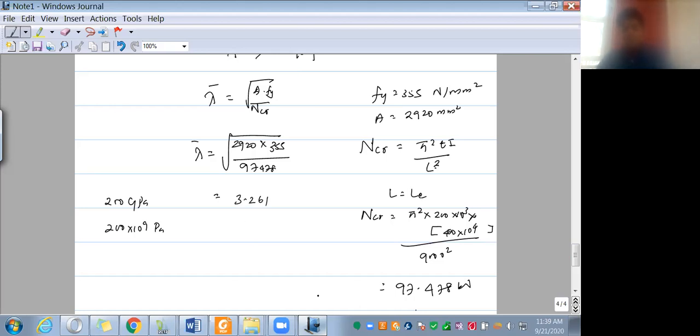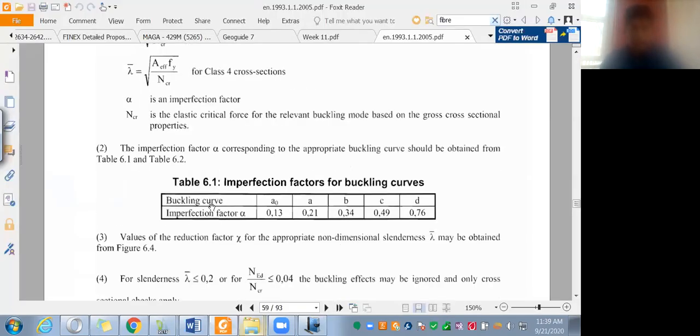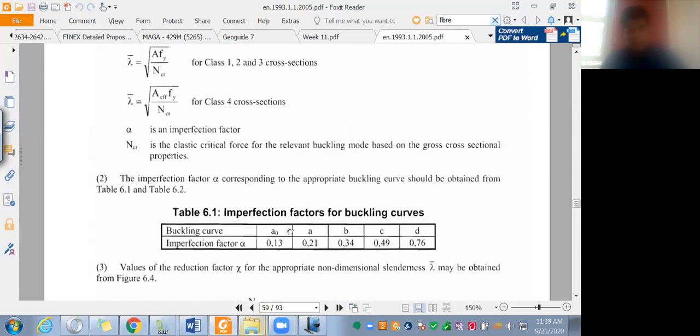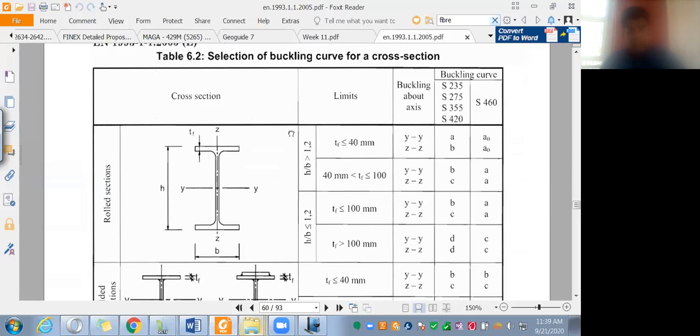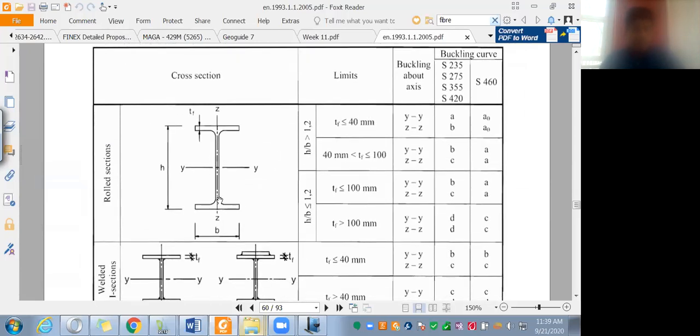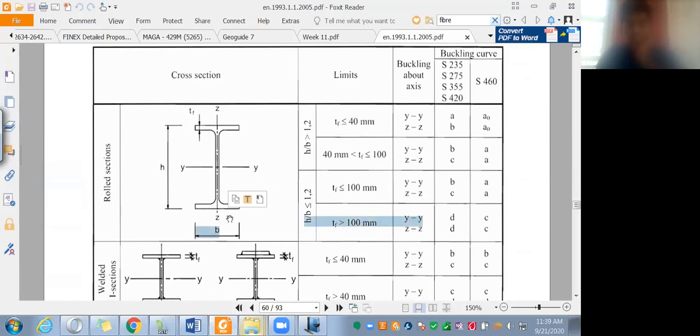So lambda bar is 3.261. So we got the lambda bar 3.261, and for the buckling curve we can choose as follows. Our section is a hot rolled section, and H over B is 1, so H over B is less than or equal to 1.2, falling under this category with TF less than 100 millimeter.